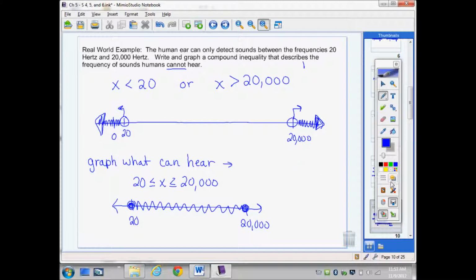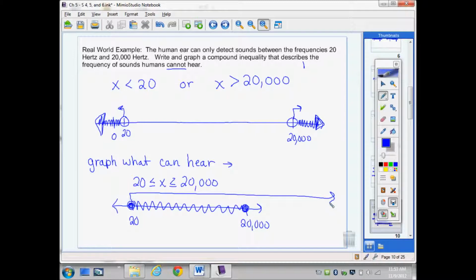Why do they call it a union? Okay. A union because we're taking the whole of both graphs, right? We're taking everything below 20 and everything above 20,000, and we're putting them together. But with the and, it's only the overlap. So technically, if x is greater than 20, that's everything that way forever.